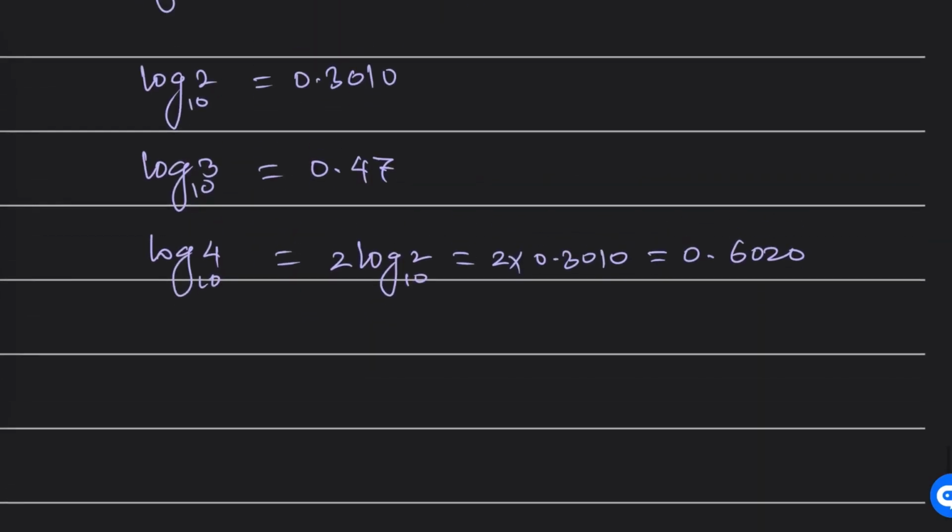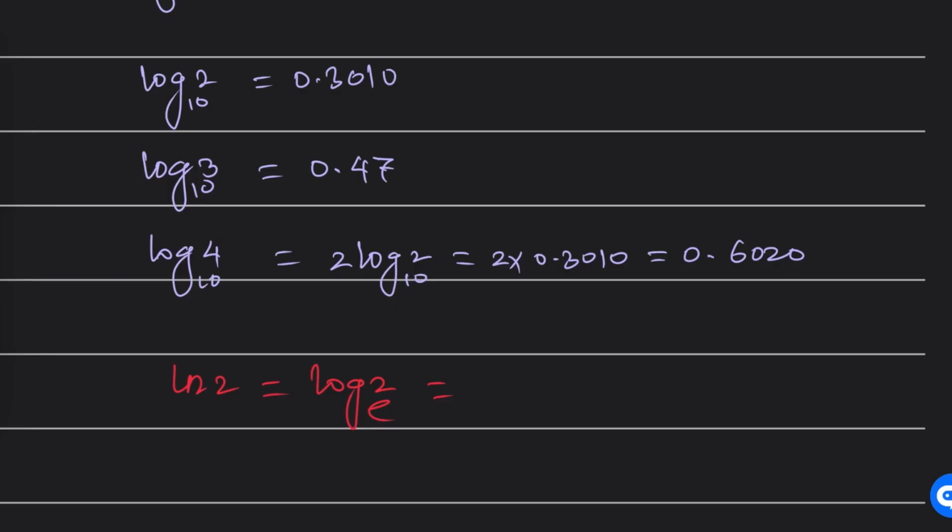Now my question is how to convert from log base 10 to base e. If the question is asking ln 2, meaning log of 2 to the base e, I don't know the ln 2 value, but I know log of 2 to the base 10.